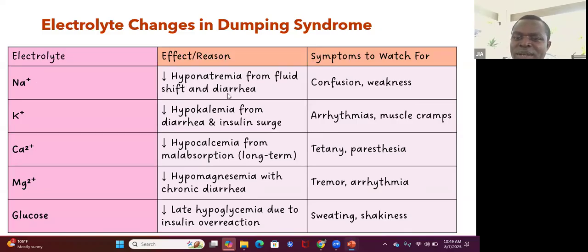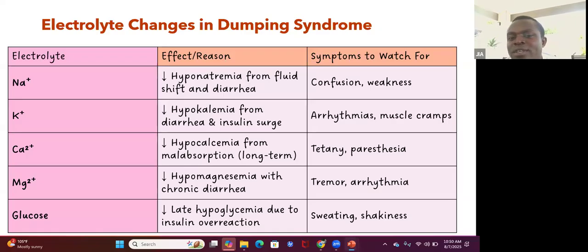You get hyponatremia, okay, that is, sodium levels go down from fluid shift, and you have diarrhea happening. So you lose both potassium and sodium. Remember, diarrhea is one of the early symptoms.